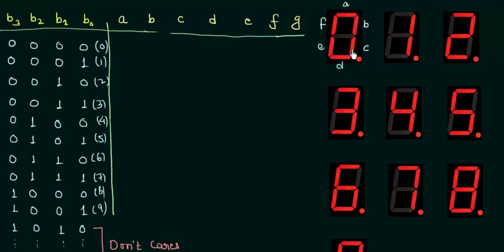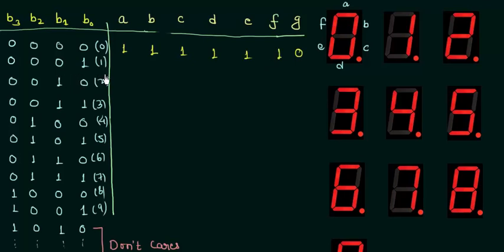The LEDs of these segments should be high to display the number 0. So we will make them high: A is high, B is high, C, D, E, F are high, and G is low. So G is 0.